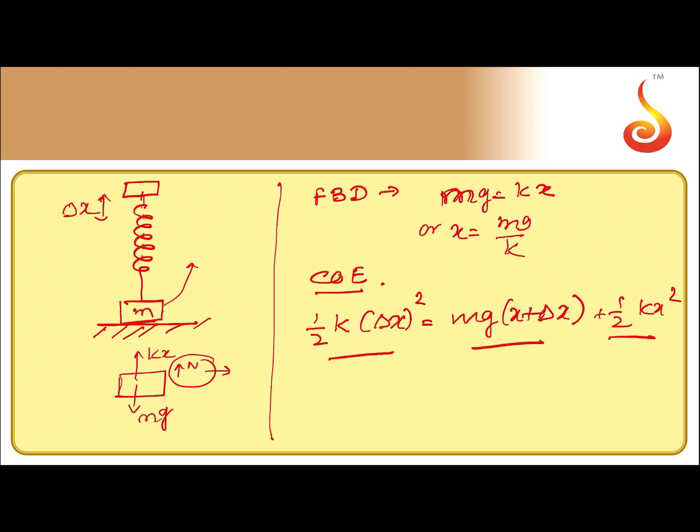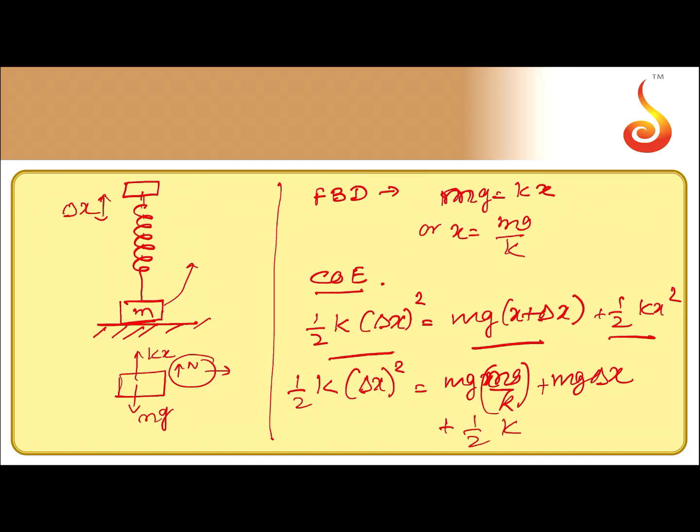We can substitute for that x, of course, here. So half k delta x whole square is equal to mg into x. x is nothing but mg by k, so I can write mg divided by k plus mg into delta x plus half k. Again, x is nothing but mg by k whole square.